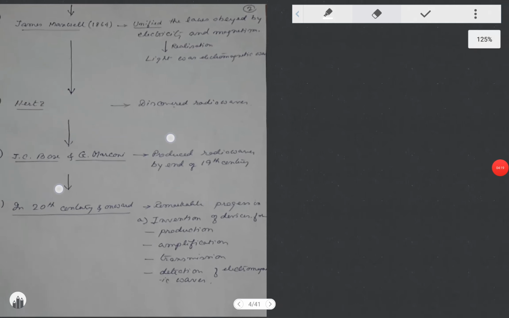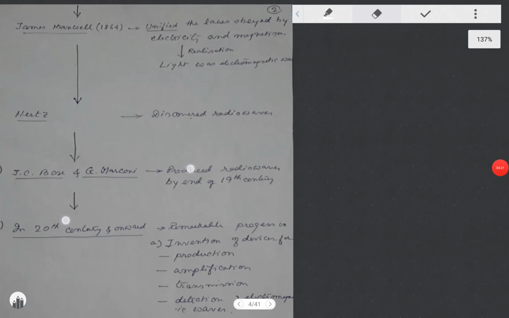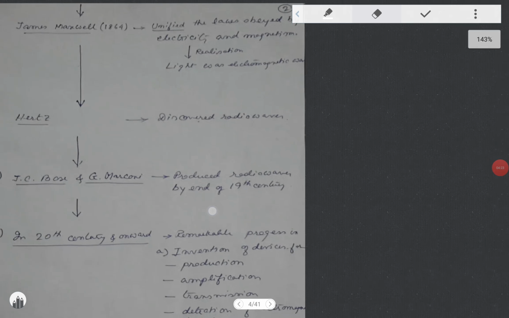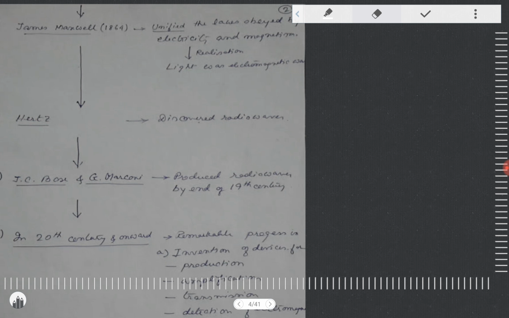Now James Maxwell in 1864 unified the laws obeyed by electricity and magnetism, and he realized that light is an electromagnetic wave. Next came Hertz.